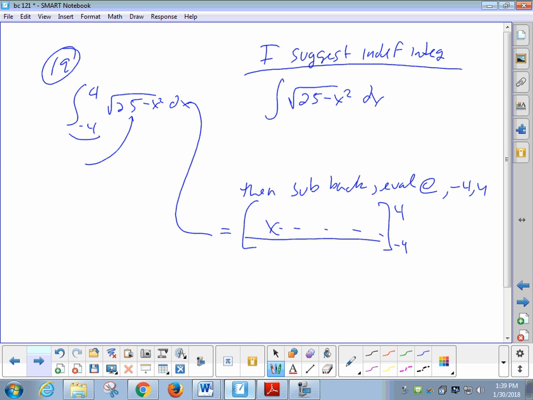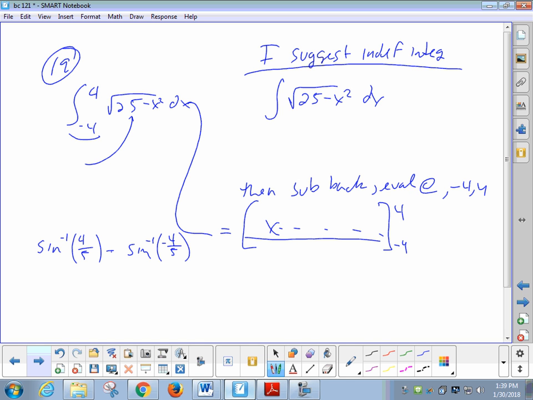Can you add inverse sine of negative 4/5 and inverse sine of 4/5? That's your answer? Well, that's what they got, but then in the back it said those two added together. Inverse sine of negative 4/5.